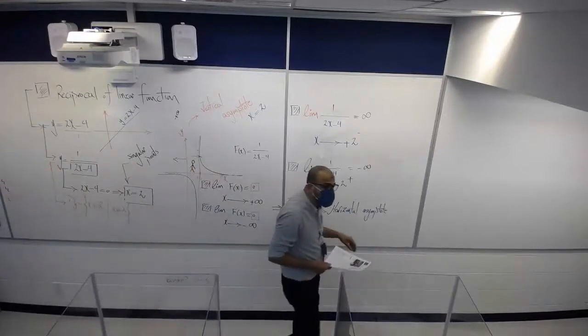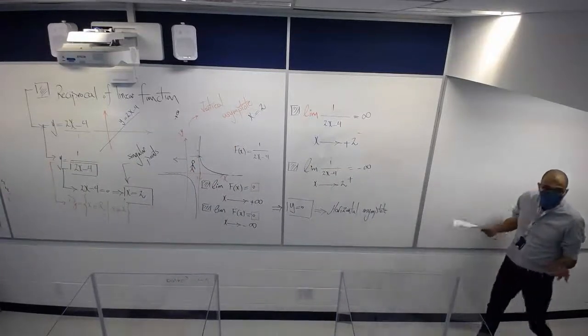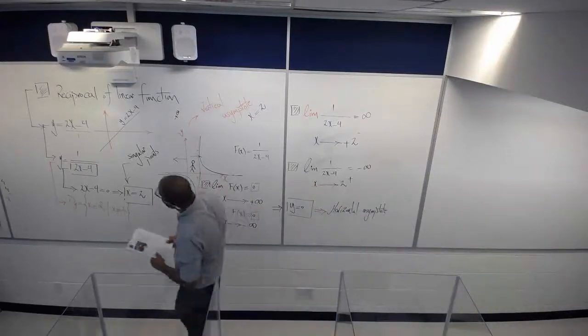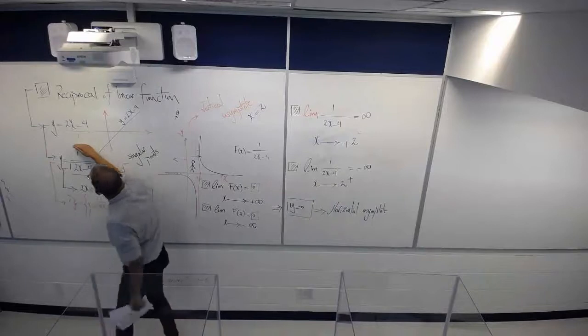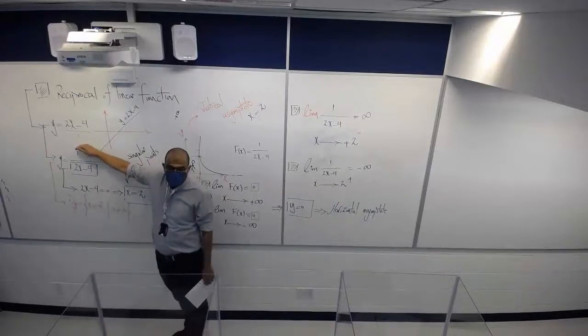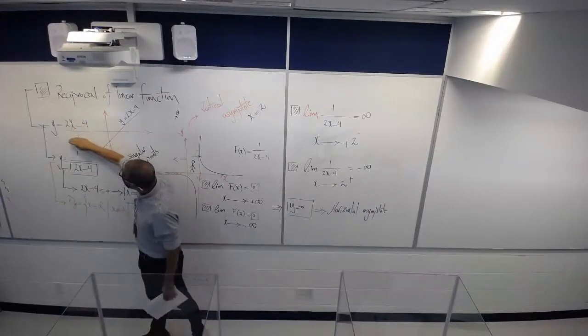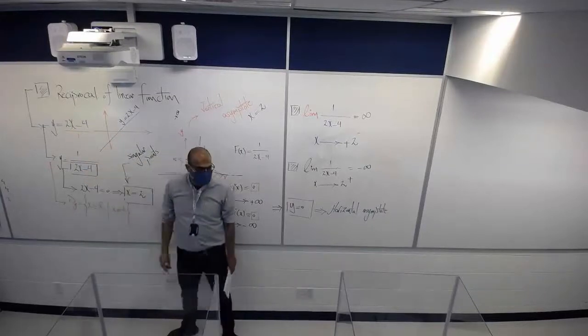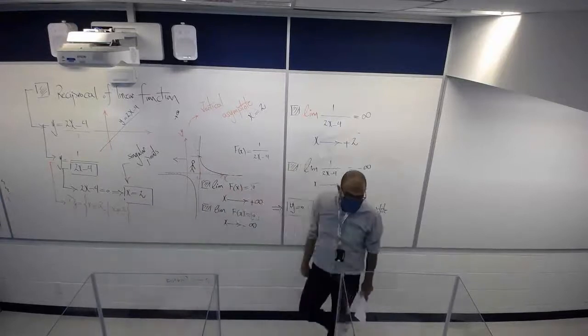Before we move on to solve some examples, here is what we did so far. First of all, we defined how to reciprocate a linear function to get a rational expression. That was the first thing that we learned.